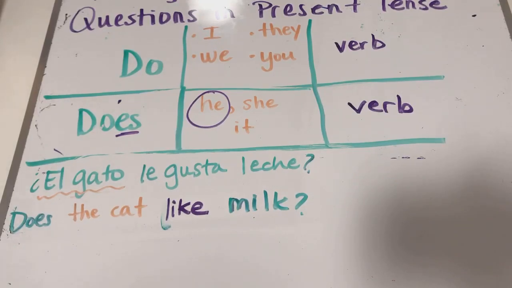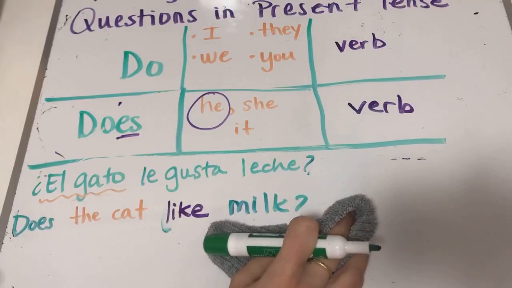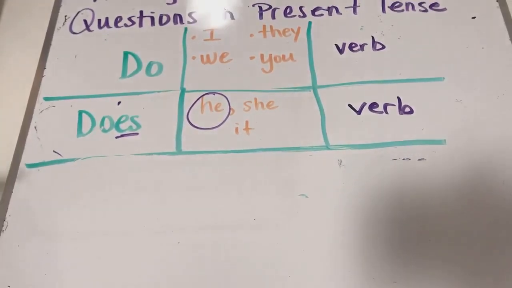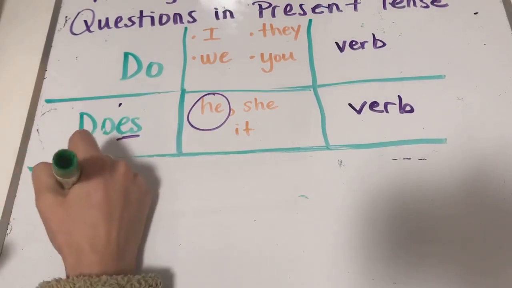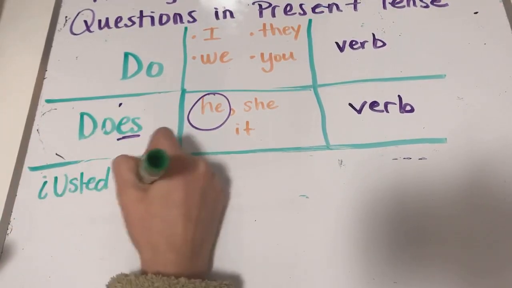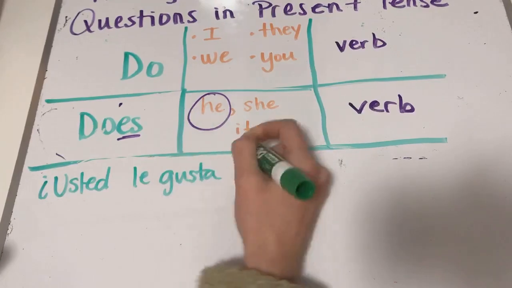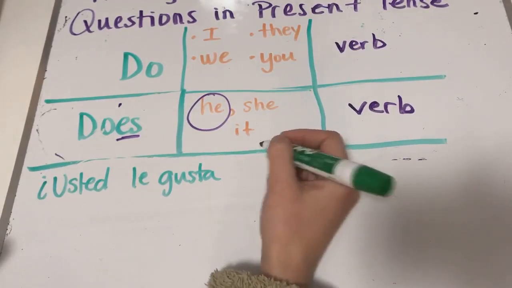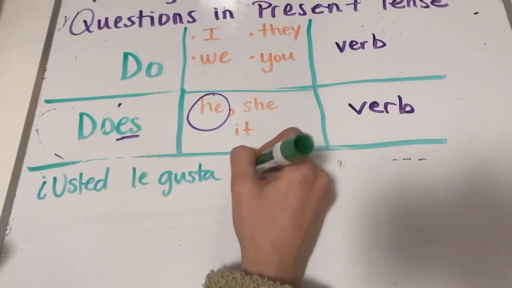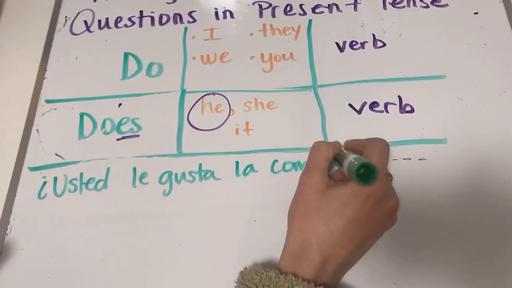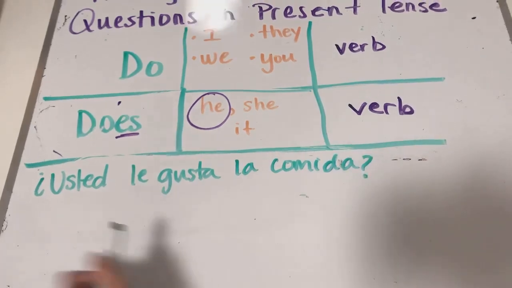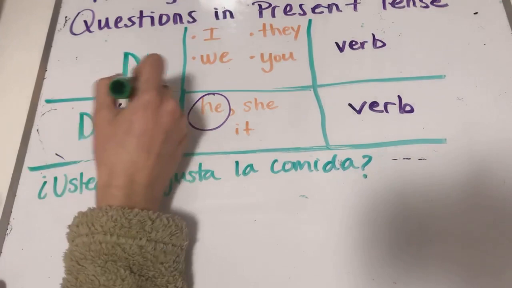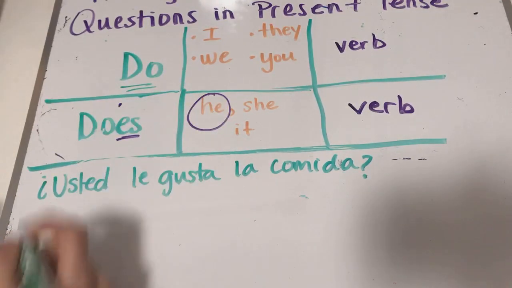Another very good question to practice is the question usted. If you're asking a client, usted le gusta el brazalete o el collar o la comida. So it's so important, muy importante, to use do.